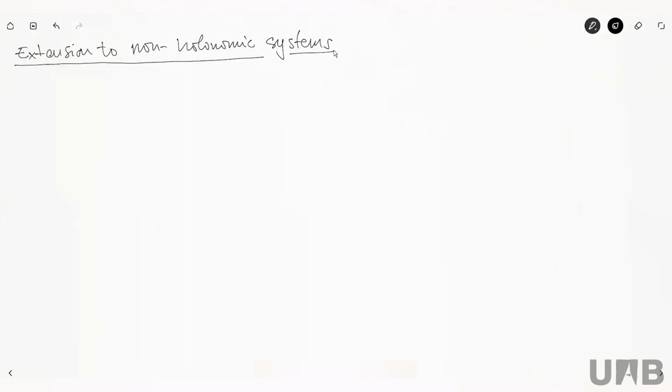So let us remember what non-holonomic systems were. Extension to non-holonomic systems. So these systems are more complicated than the holonomic ones. So what were the holonomic systems?